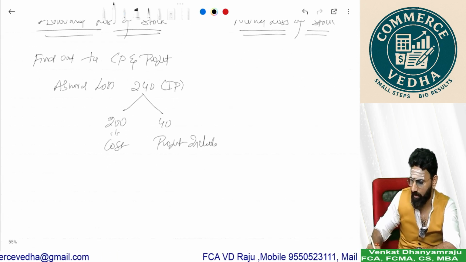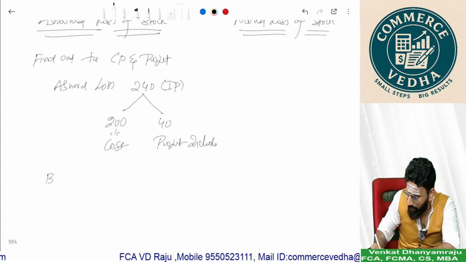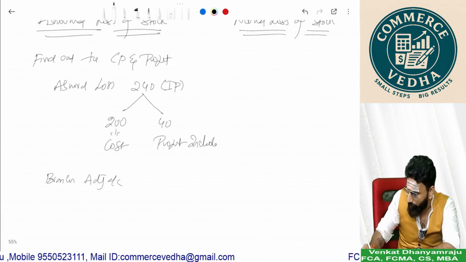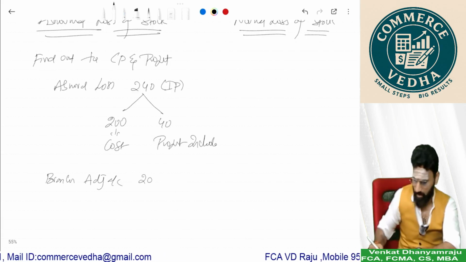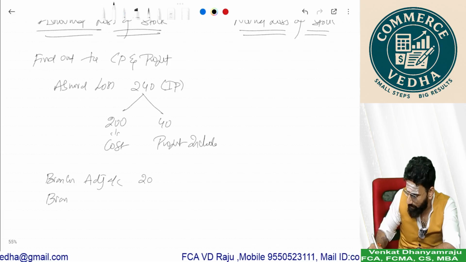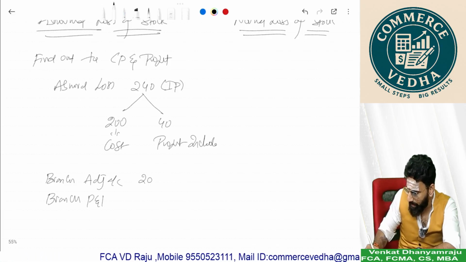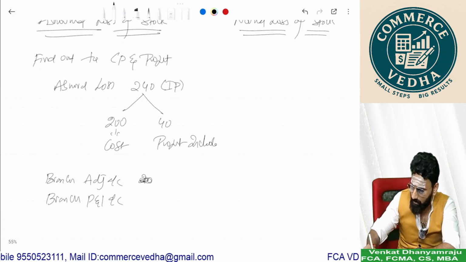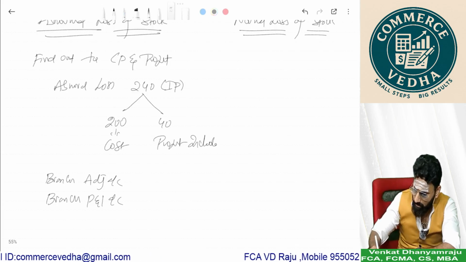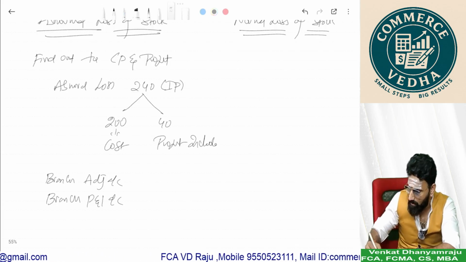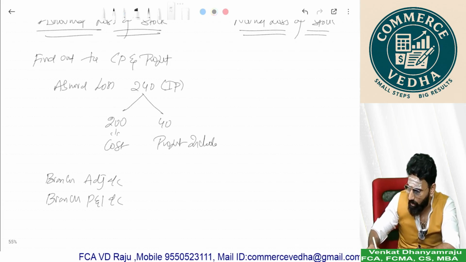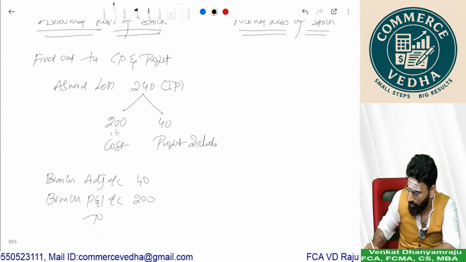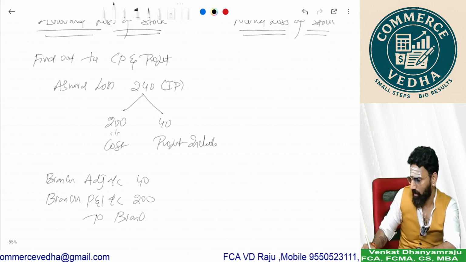Now what I shall do here is, I should debit branch adjustment account for the profit portion and I should also debit branch P&L account for the cost portion, and I should credit what is lost?